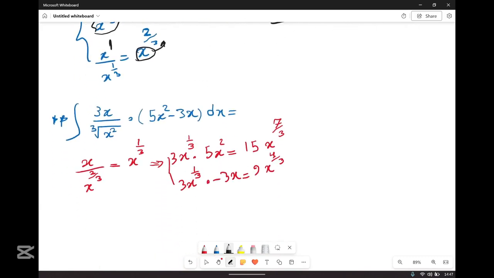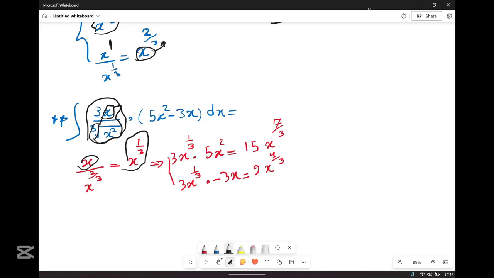Okay guys, wow, it's such a powerful question. At first, I start to calculate it. That is one step further than the previous one. I divide it by this part, and x divided by x power 1 over 3 is x power 2 over 3.